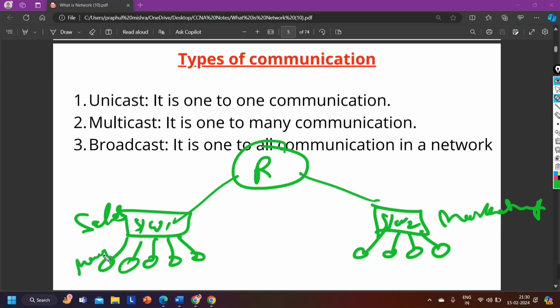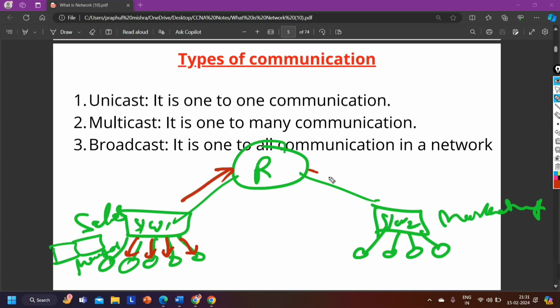Now let's say this is the manager here. If this manager wants to send a broadcast message to everyone, it will generate a packet and send it to a broadcast address. How many devices will receive this broadcast message? This machine will receive, this machine will receive, this machine will receive, and the router will receive.